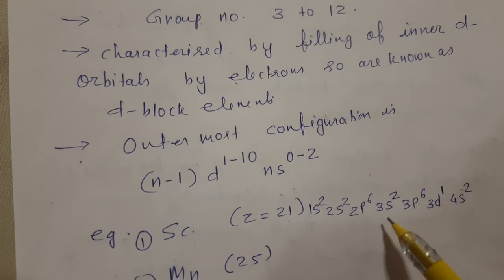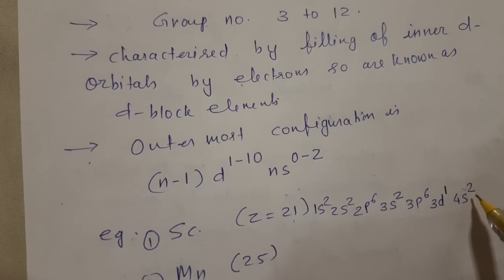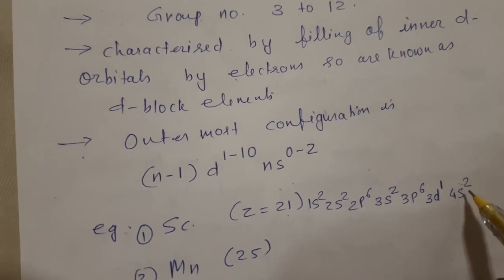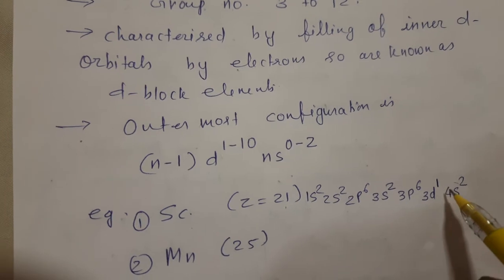1s2 2s2 2p6 3s2 3p6 then 4s2. After filling 4s orbital, the rest of the electron will go to 3d. So it is 3d1.